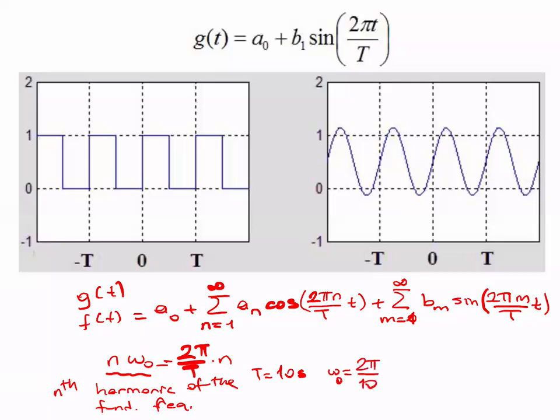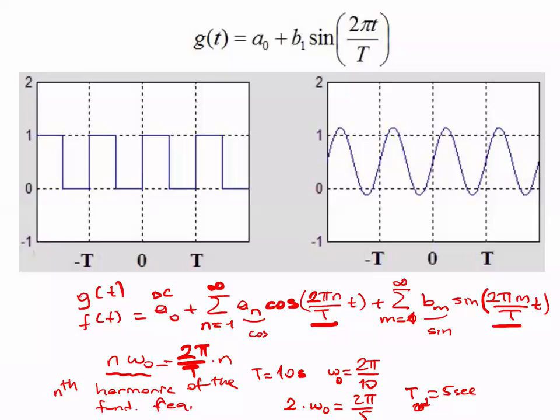And the second harmonic, 2 times omega 0, is 2 pi over 5, which means the period of the second harmonic will be 5 seconds, okay? So these are the harmonics, and this is my DC coefficient, and these are the coefficients for cosine and the coefficients of sine, okay?